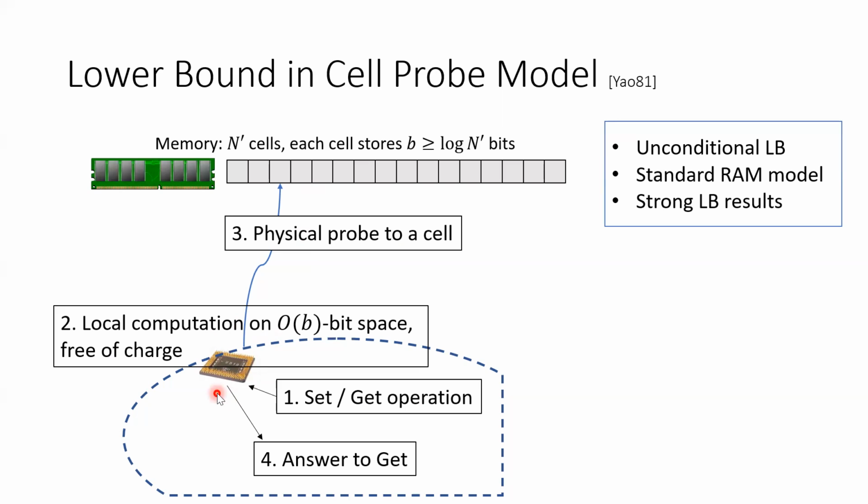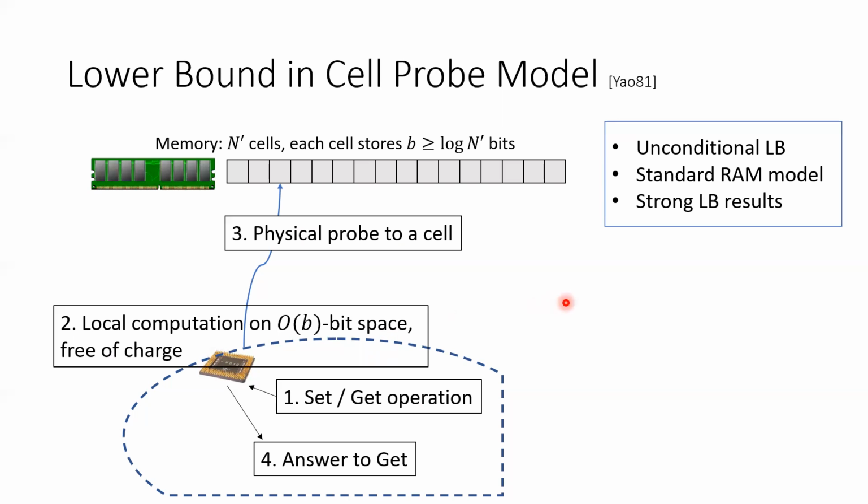The algorithm can go back and do some free computation until it likes and repeat this physical probe and free computation iteratively until this algorithm arrives at some answer. So the algorithm can answer a query operation that's a get. If that input is a set operation, the algorithm doesn't need to answer anything. So this is the model. We count only the number of probes. We don't count the number of computation.